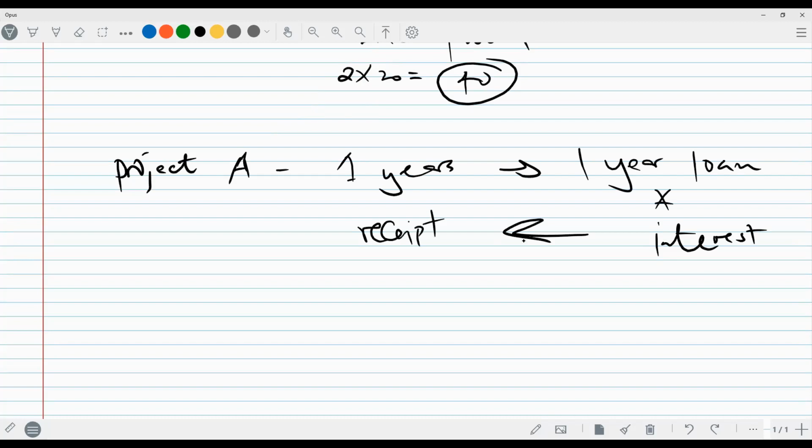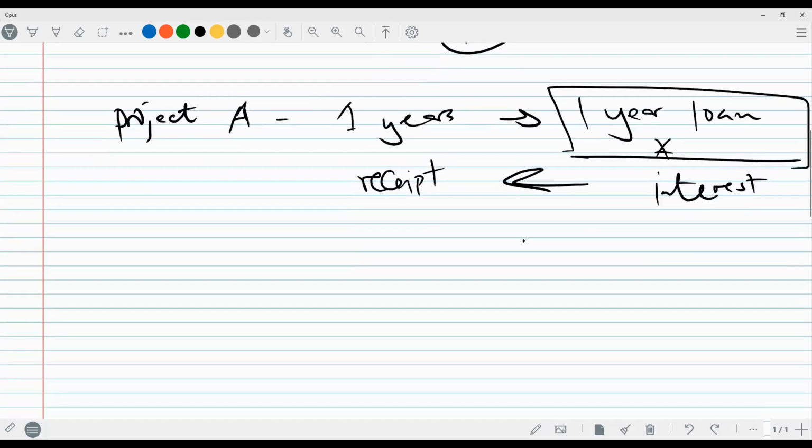By the time the end of the project comes, you have already been able to pay off the interest. So it's 1 year, 1 year. It does not make any finance sense, or even economic sense, if you're going to have a project that has a 1 year life and you finance it with a 10-year loan.